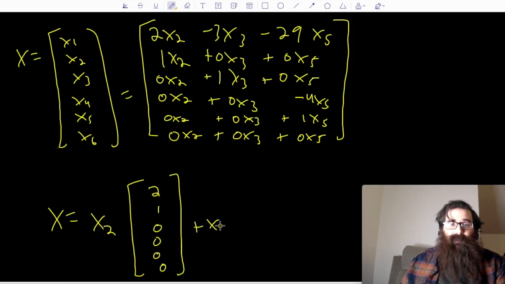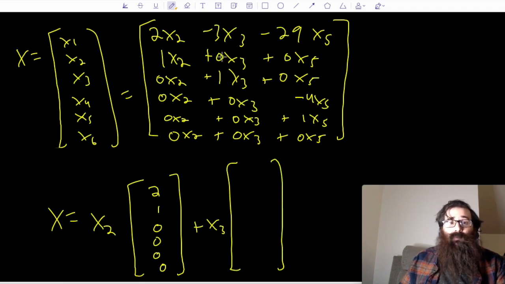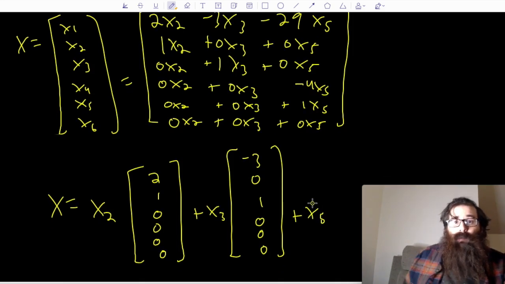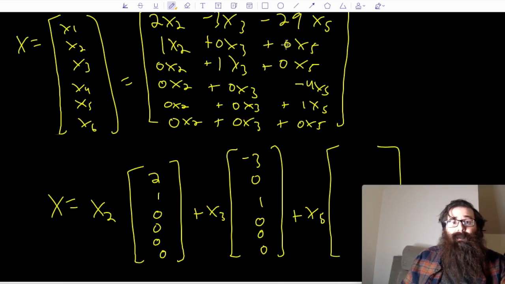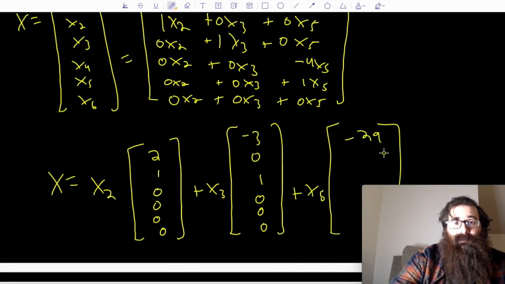Plus, now I have a vector that x sub 3 is multiplying as a free weight. What should the numerical entries be? Negative 3, 0, 1, 0, 0, 0. And then plus, now I have x sub 5 times a numerical vector. I wonder what those entries should be. Well, of course, negative 29, 0, 0.